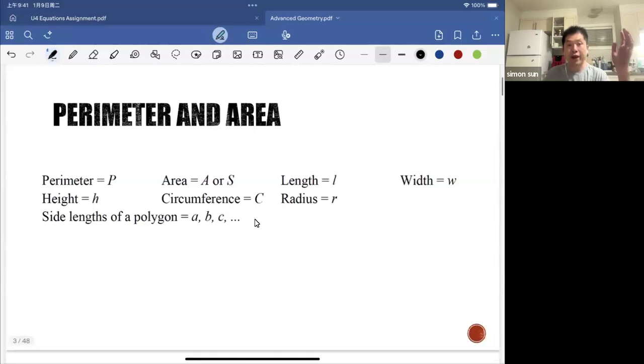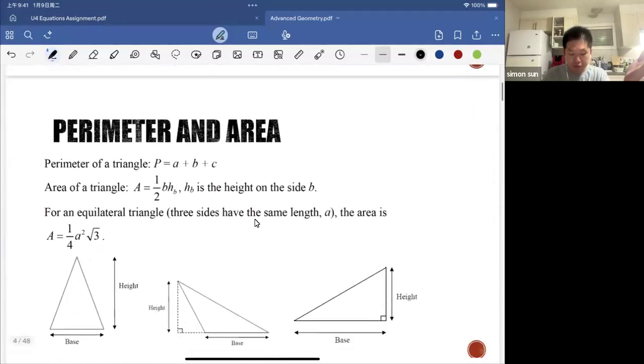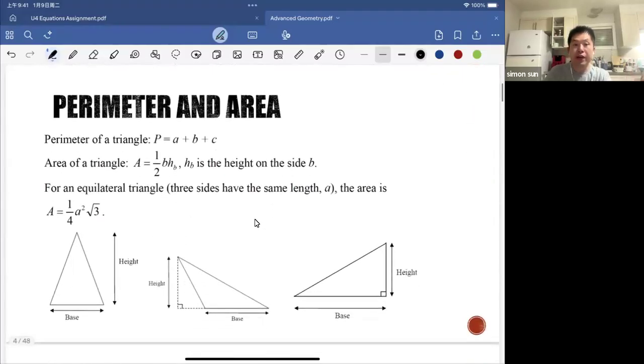I will first start with perimeter and area. This part you guys have definitely already learned, right? We have perimeter, we have area. For a triangle, the perimeter is just the sum of all three sides, right? Take a look at the first triangle here.